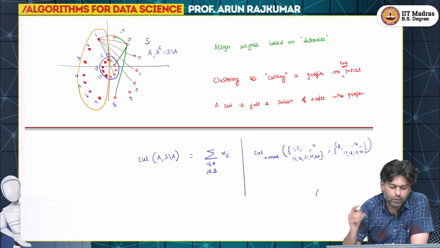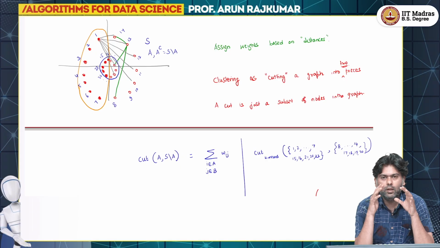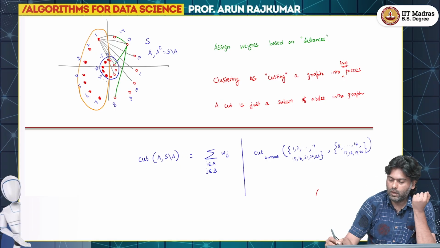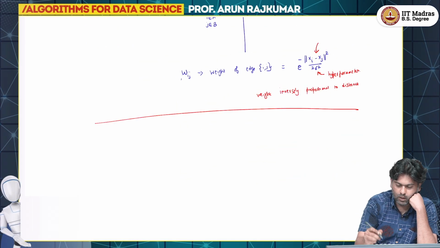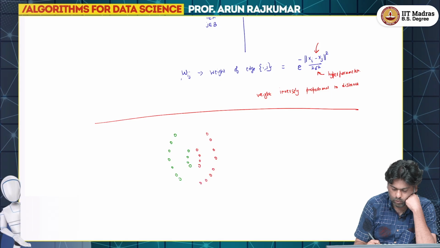So if I do that, then my question is, if I look at these two different ways of cutting the graph, one way is what k-means would give me, a cut where we have these points as one part, and these points as another.